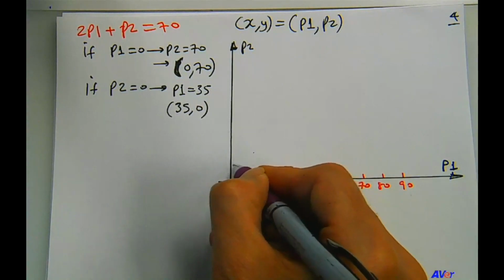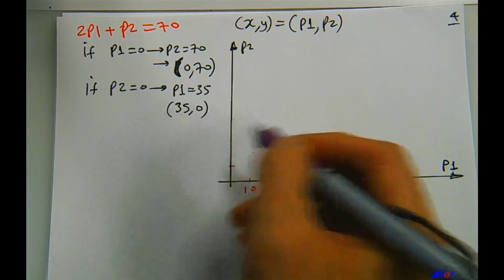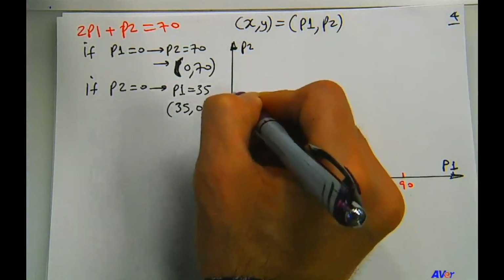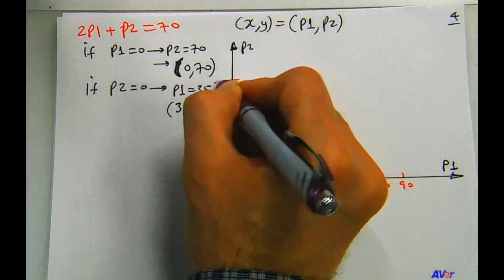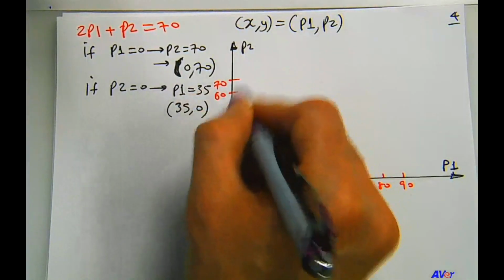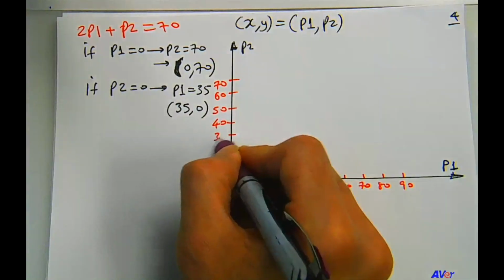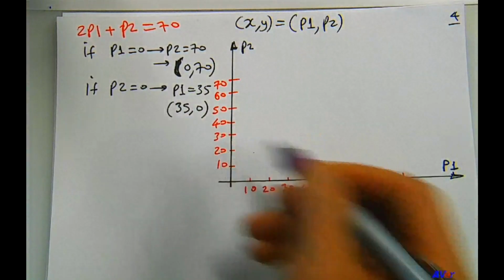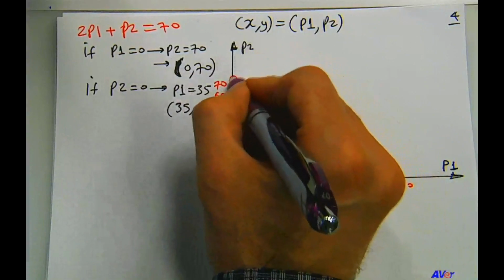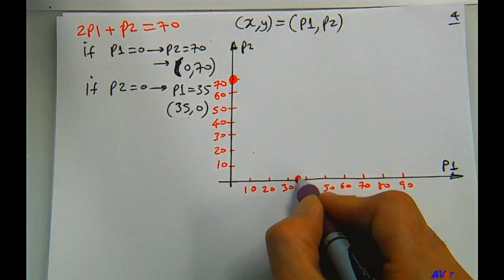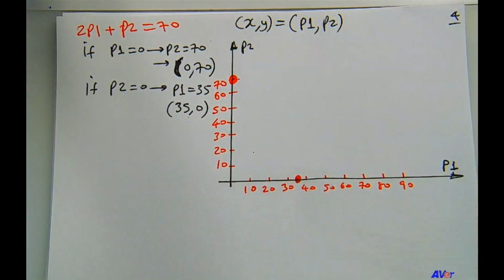The same here. 10, 20, 30, 40, 50, 60, 70. I need only up to 70 along the P2 axis. So 0, 70 is this point, 35 is here, somewhere between 30 and 40.